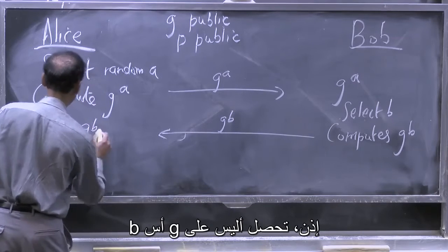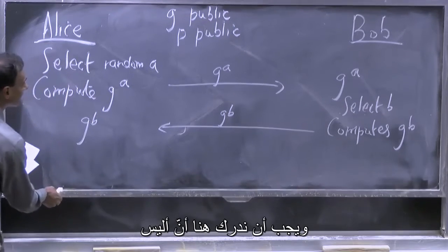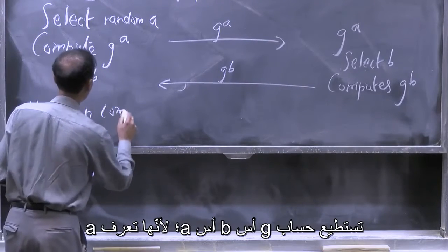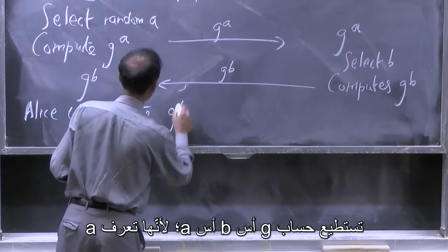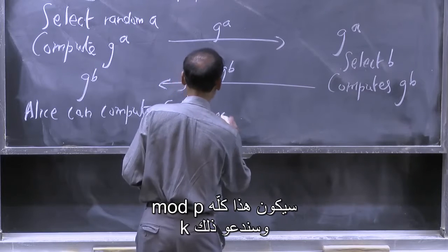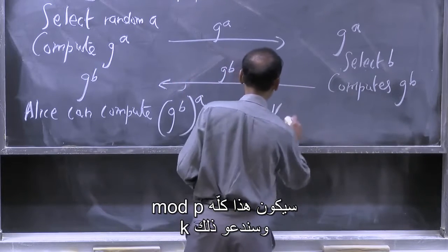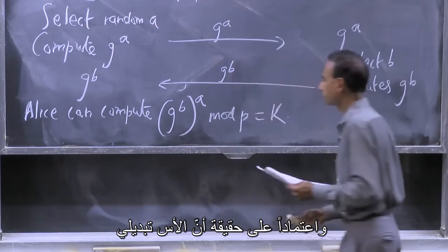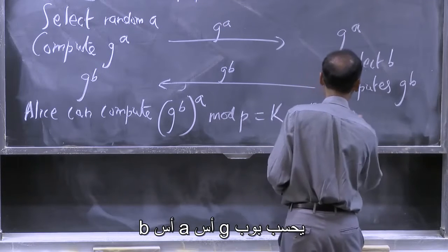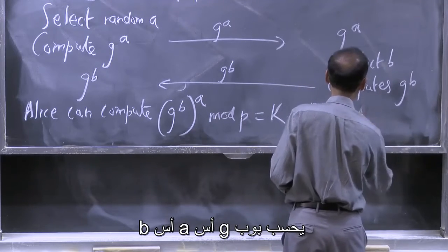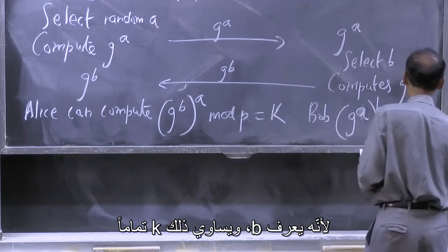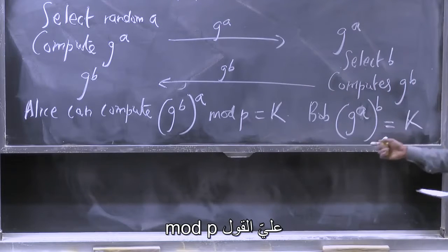So Alice gets G raised to B. And the key realization here is that Alice can compute G raised to B raised to A because she knows A, and that's all going to be mod P, and we're going to call that K. And thanks to the fact that exponentiation commutes, Bob computes G raised to A raised to B, because Bob knows B, which is also exactly K. All right? I should say mod P.